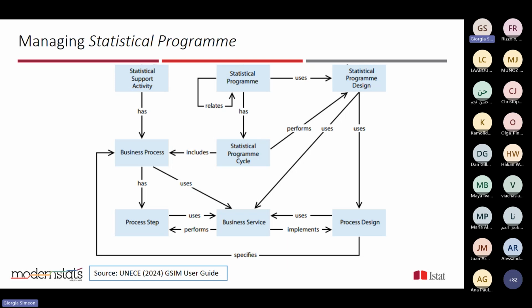Each process step can be implemented through business services that can be, for example, IT components that can be reused and implement a specific process design, a specific methodology, for example. And the reuse of business services obviously is at the base of the modernization process.